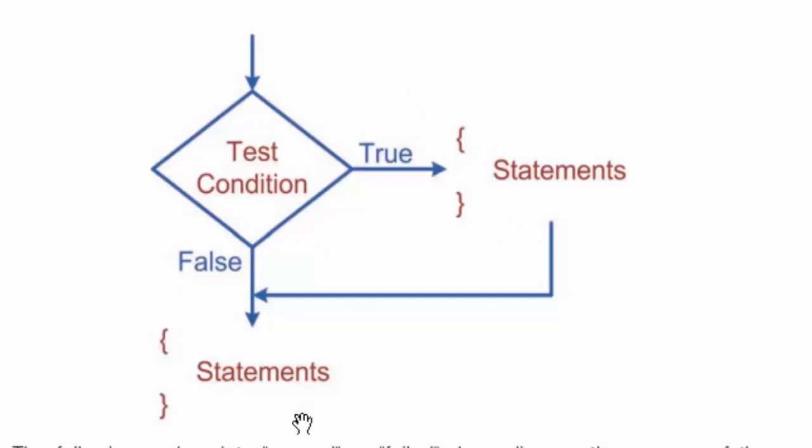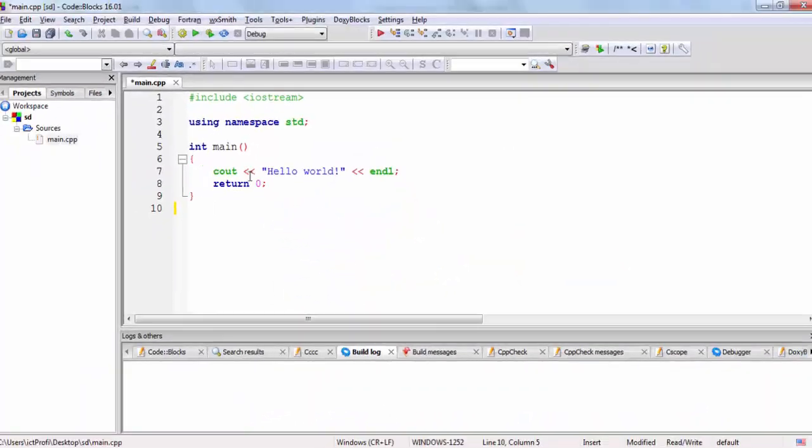Okay, so after that I would like to show you the program in C++, how the if condition works. First, I'm going to introduce a variable. I call this average, and I will ask for the average from the user.